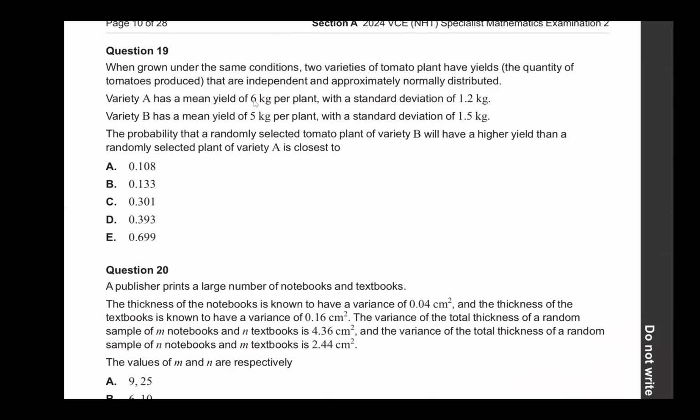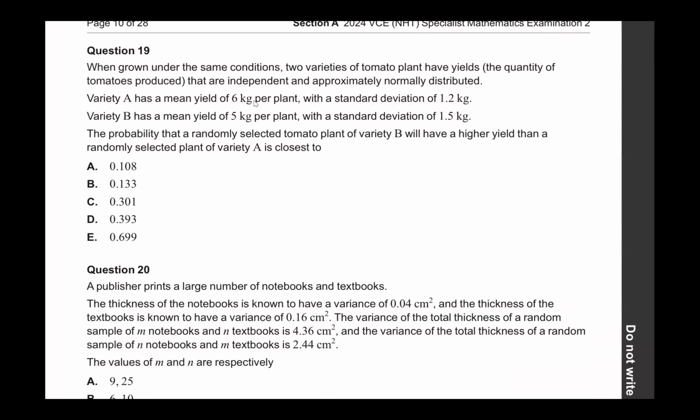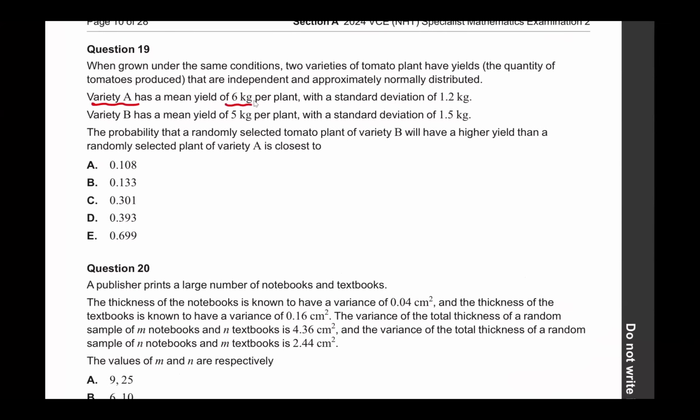Okay, question 19 and question 20. We have two varieties of tomato plants that have yields, the quantity of tomato produced, that are independent and approximately normally distributed. Variety A yields 6 kilograms for the mean value, standard deviation 1.2. So A is normal, 6, 1.2 squared.